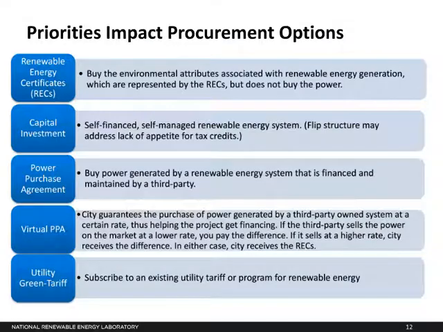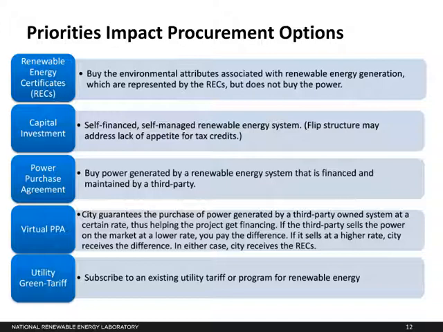This slide shows several different options for procuring renewable energy generation. The priorities that you've identified will influence which of these options you focus on. Starting from the top, renewable energy certificates or credits are hopefully an option that you're already familiar with. This is the purchase of the environmental attributes associated with renewable energy production, separate from the power itself.